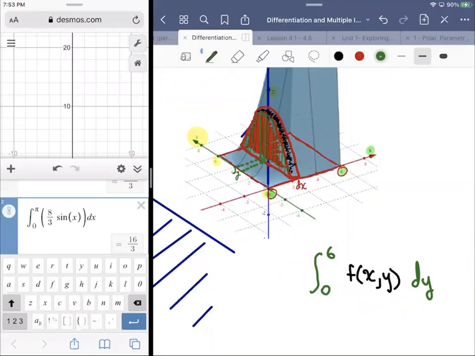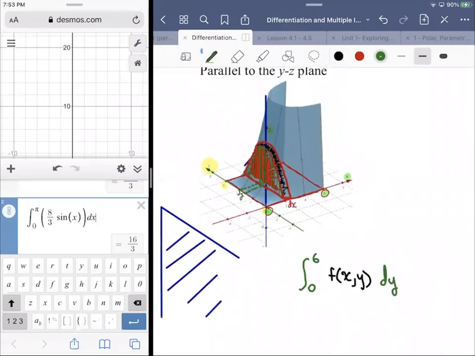I need to have infinitely many slices, and it'd be a disaster if I tried to draw it, but I need to have infinitely many slices starting at 0 and going to 6. So I'm going to have one with a width here, here, here, and so on, continuing the journey.